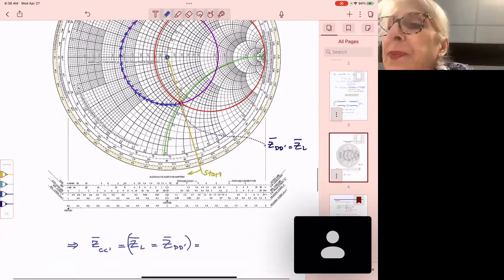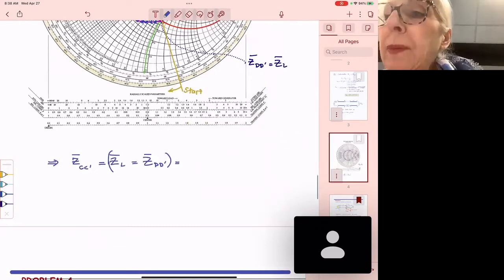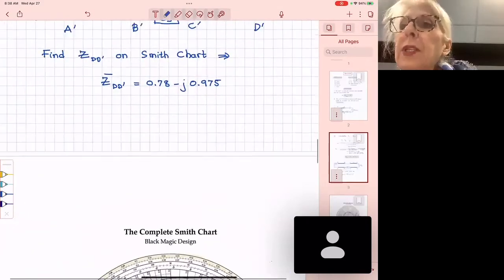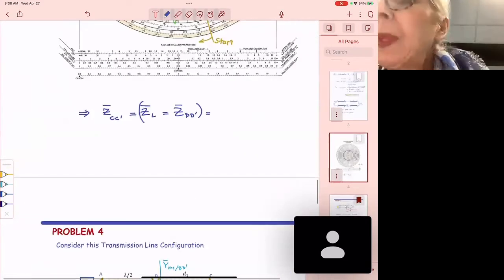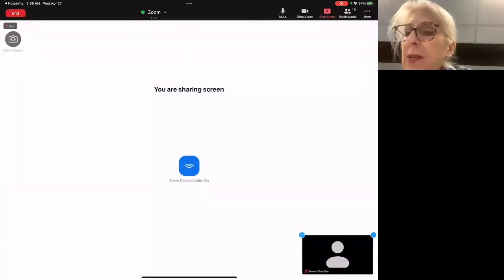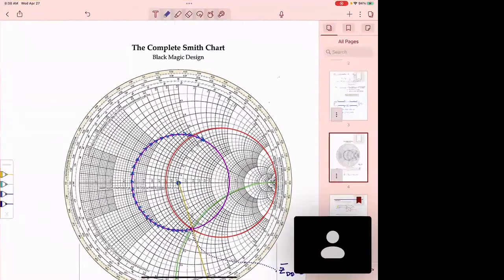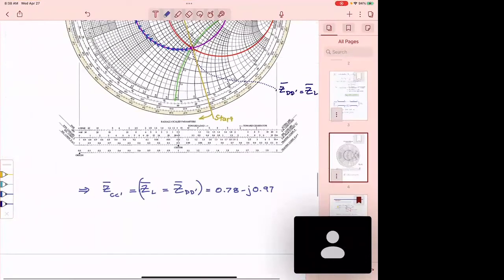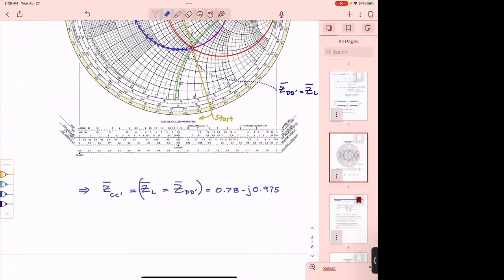We found it here, 0.78 minus j0.975. Okay. So I don't have to do that. But if you don't remember that half a wavelength gives you the same impedance, do it. So this one is what gets you.